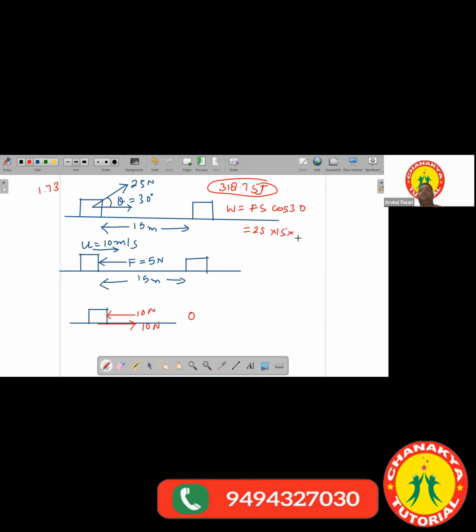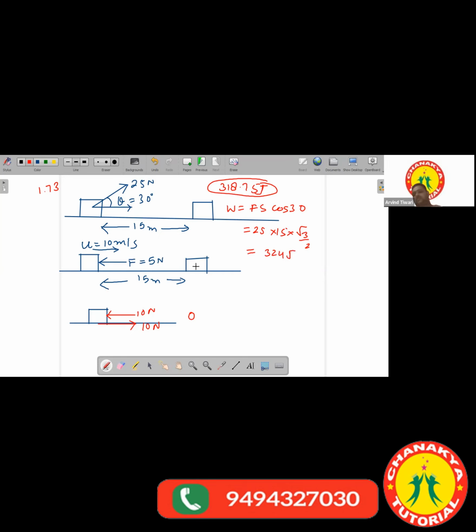Cos 30 is root 3 over 2. 25 multiplied by 15 is 375, and 375 multiplied by 1.73 is 649, divided by 2. So you get 324 joule, right?